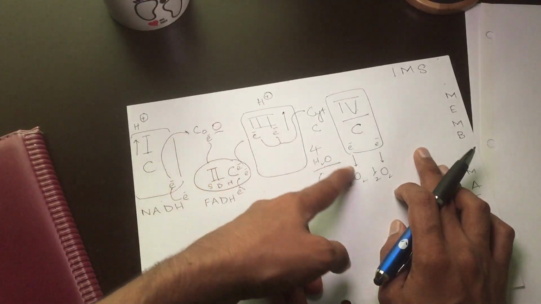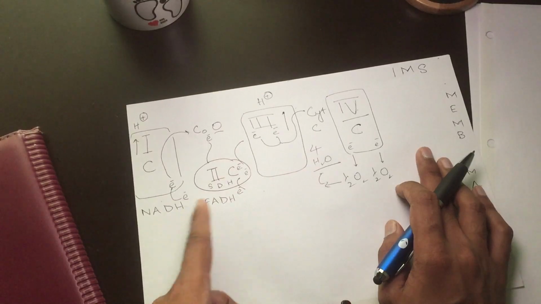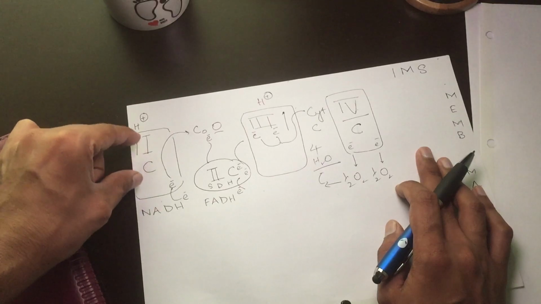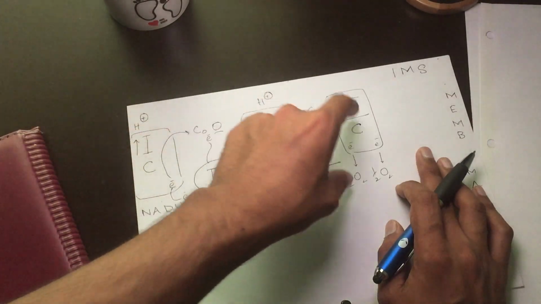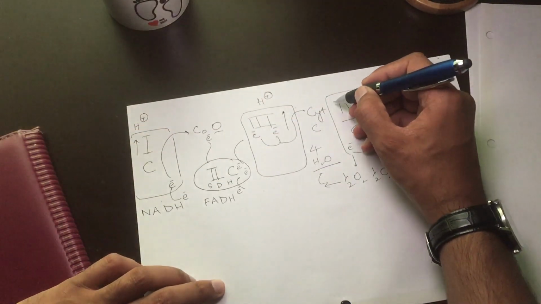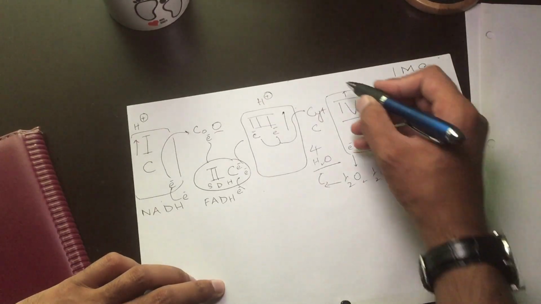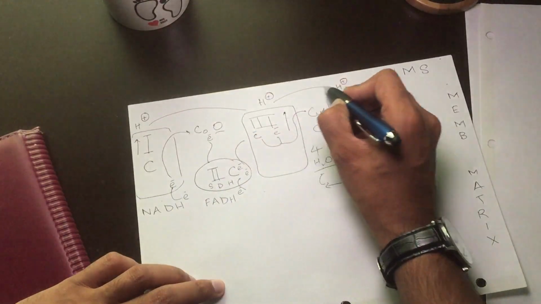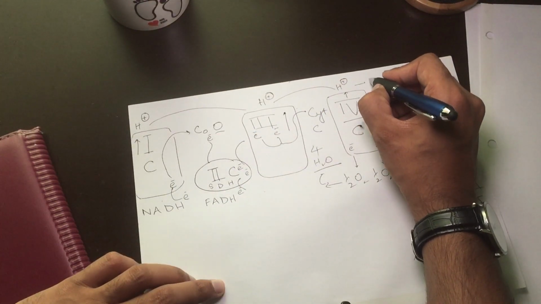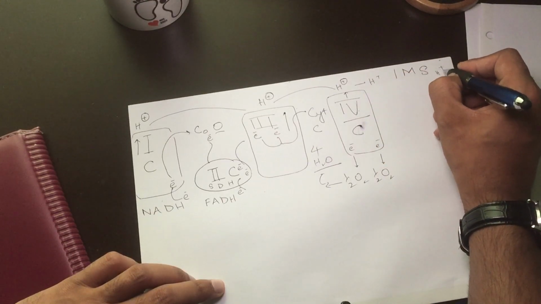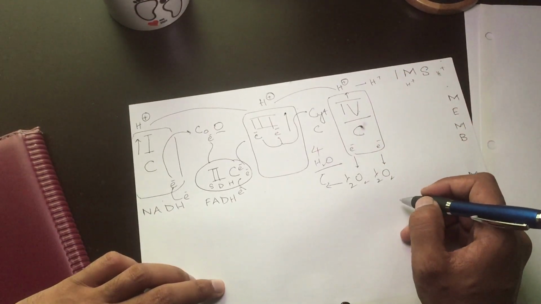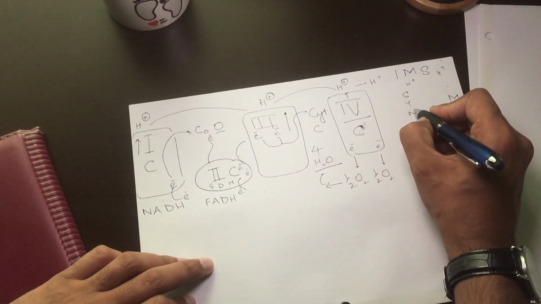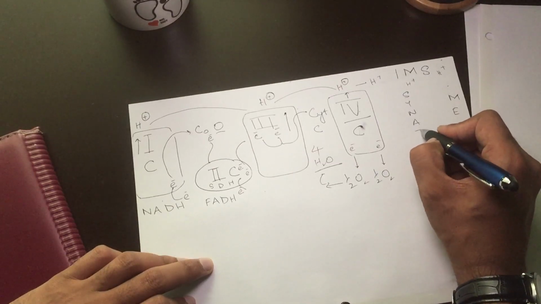The energy generated is used by the oxygen, but the energy used by these complexes is used to pump the hydrogen from the matrix to the intermembranous space. Now all these hydrogen ions are used by the enzyme known as ATP synthase.